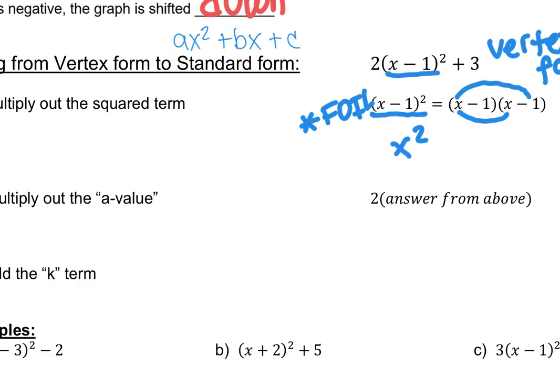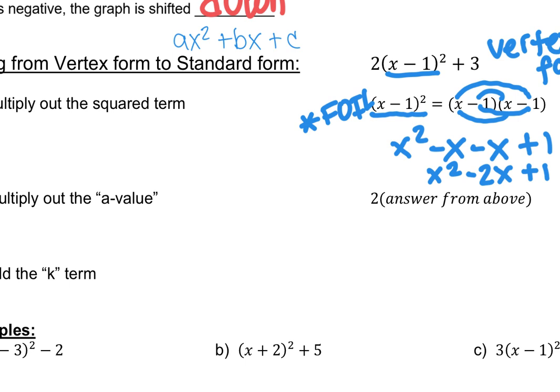X times -1, negative x. Our inner terms, -1 times x, which is negative x. -1 times -1, positive 1. Now we have to combine those together. So now I have x squared minus 2x plus 1. So that's the first step.